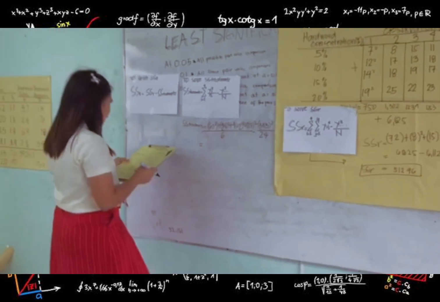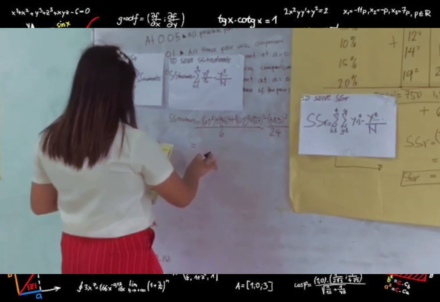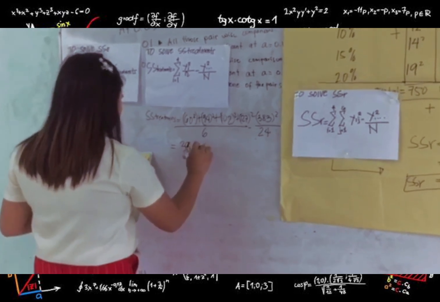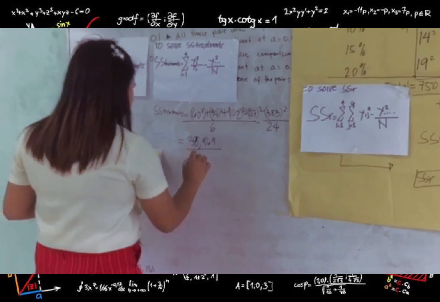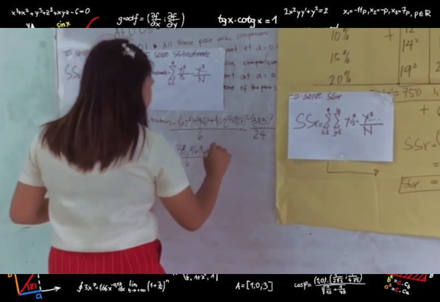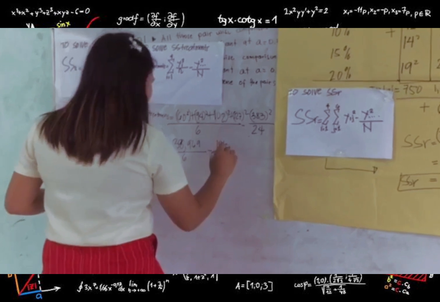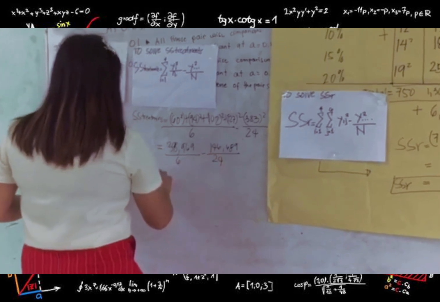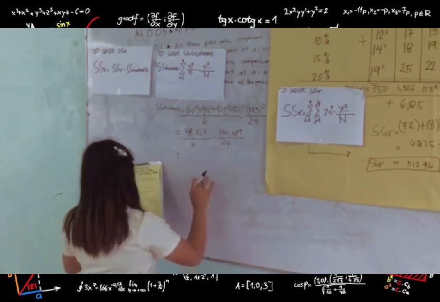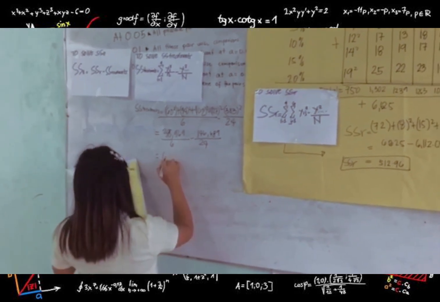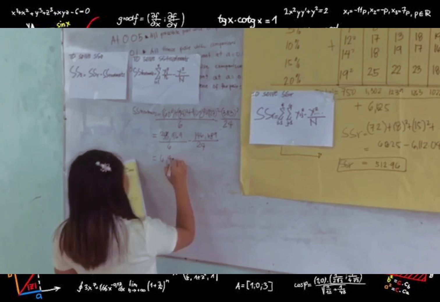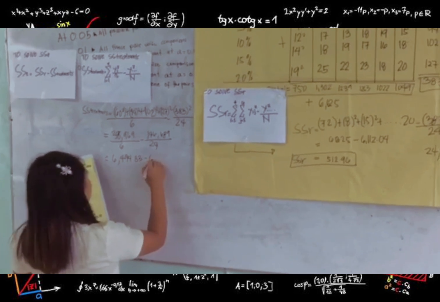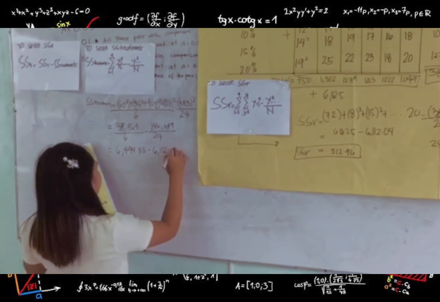Then the sum of squares is 38,969 divided by 6, minus 146,689 divided by 24. The answer is 6,494.83 minus 6,112.04.